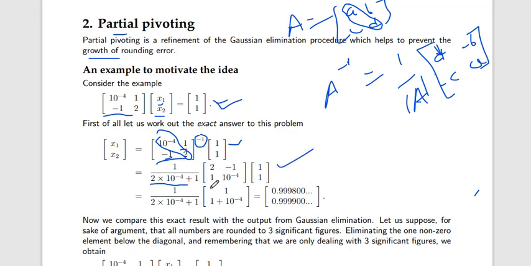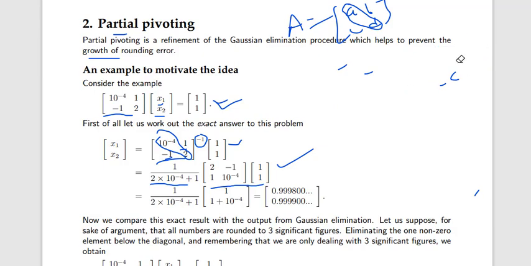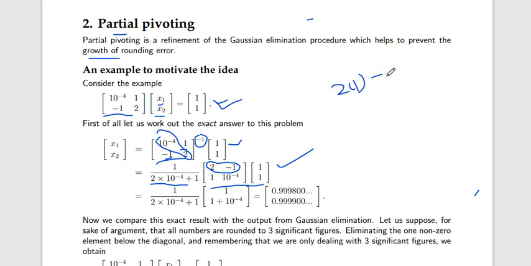So now we multiply these two matrices. How do we multiply these two matrices? First row and first column, so 2 into 1 minus 1 into 1, okay. So this will become 1.